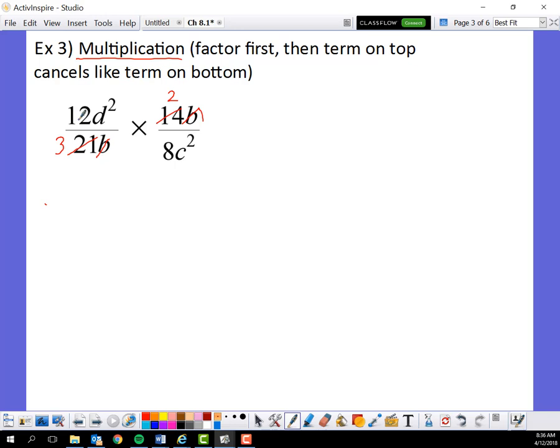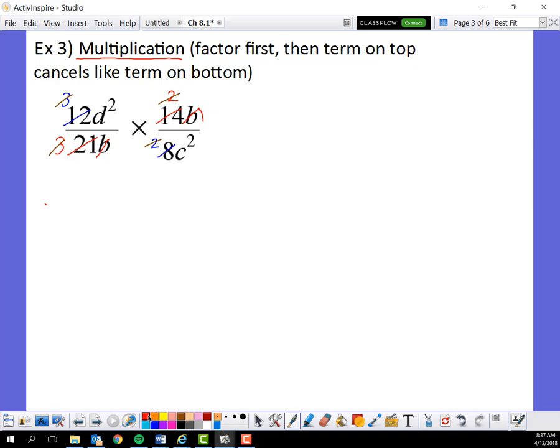This 8 and the 12 are both divisible by 4. So I could cancel this 12. If I divide that by 4, it becomes a 3. And the 8 divided by 4 would become a 2. So now if I look at that even further, I see I have a 3 here and a 3 here that would cancel. And this 2 and this 2 cancel out as well. So then we're done canceling.